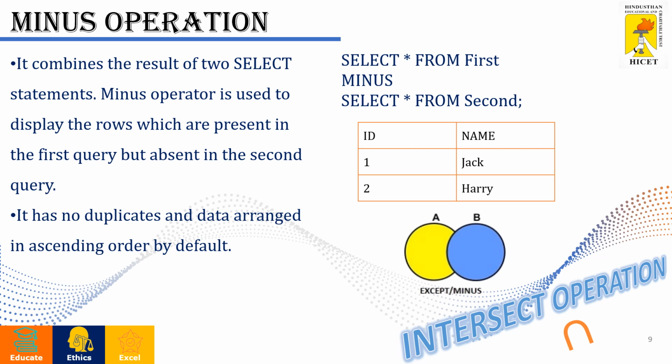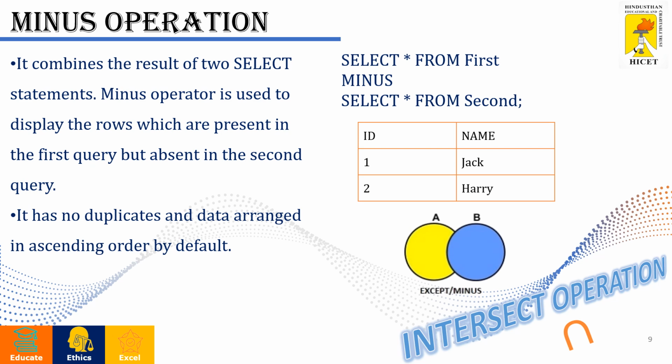The last operation is the minus operation. This also combines the results of two select statements. It is used to display the rows which are present in the first query but not present in the second query.